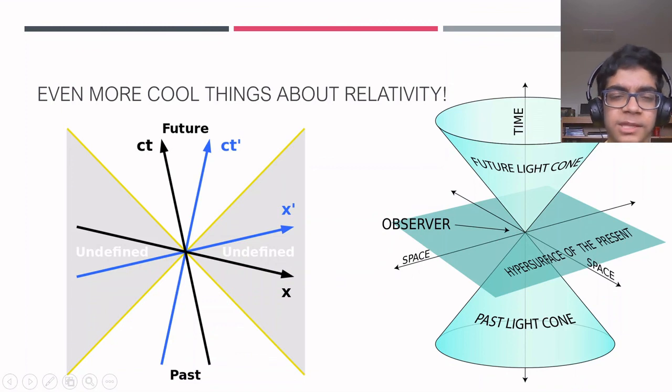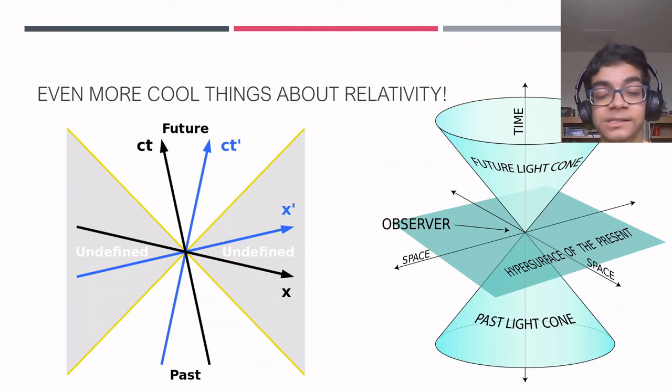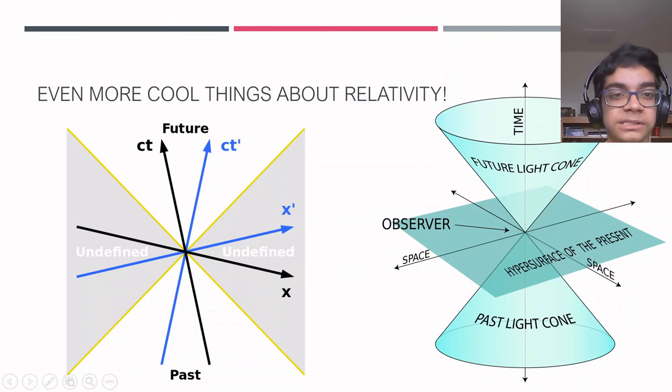However, going into the side regions would require us moving at a speed greater than c, so those areas of our graph are undefined, meaning that we can never go into those regions. So the only parts of 4D space that we can ever really observe are stuck within this little hourglass shape.